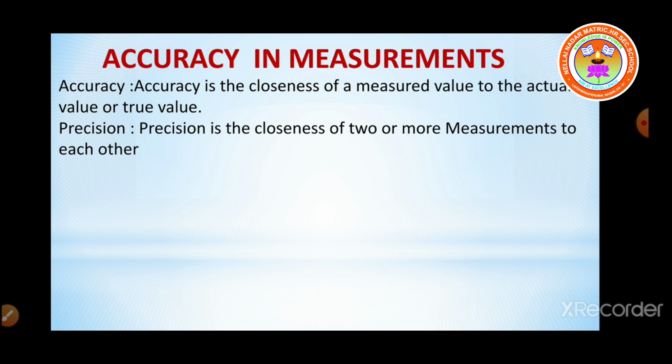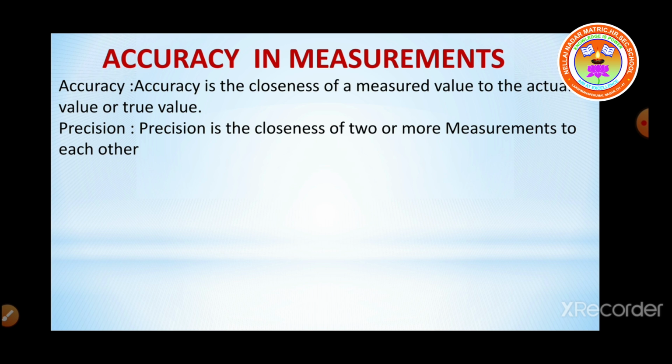So the actual value is 30 centimeter, but the observed values come closer to the real or true value, that is 29.9 centimeter or 30.1 centimeter. It gives only a 0.1 variation. So we can say approximately equal to 30 centimeter. That value is taken as the accuracy value.